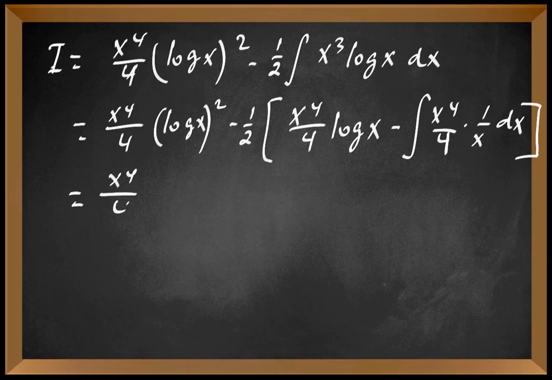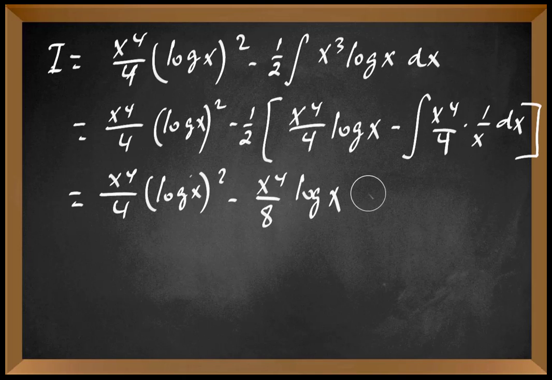So x to the power of 4 over 4 times log of x all squared, minus 1/2 of x to the power 4 over 4, that is x to the power 4 over 8 times log of x. Now minus times minus is plus. Now we have 1/2 here.